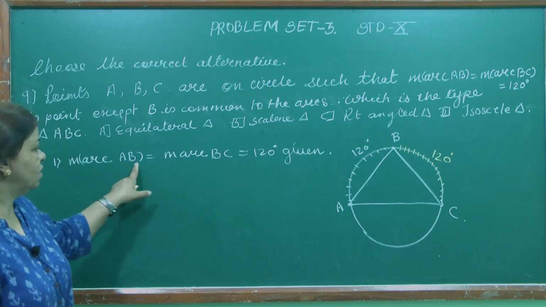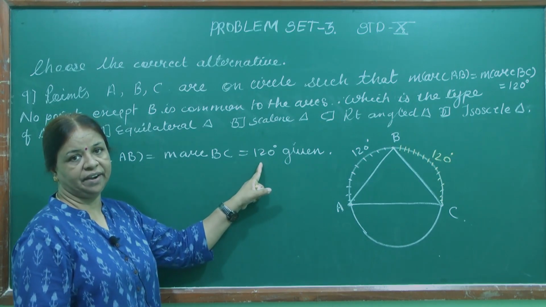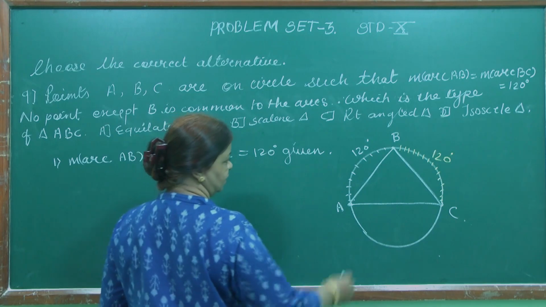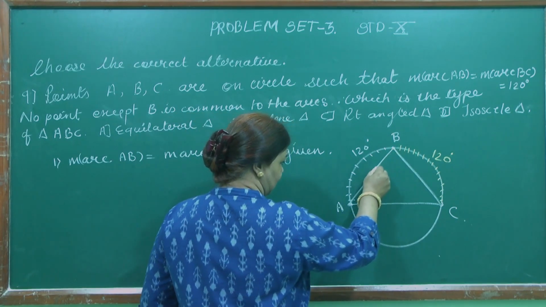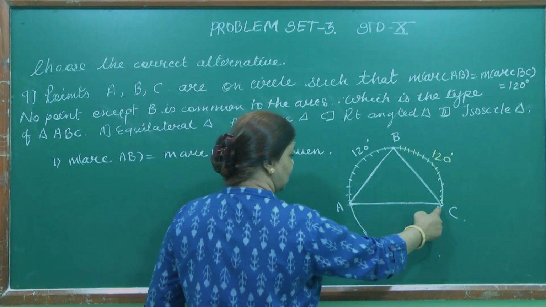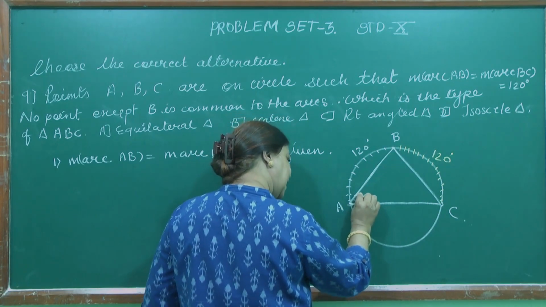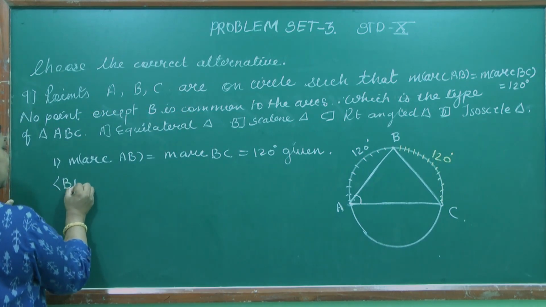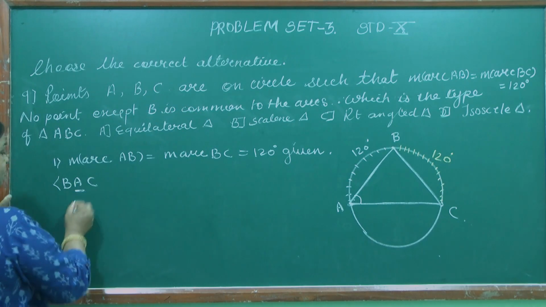Measure of arc AB is equal to measure of arc BC, 120 degrees given. Now, children, this angle BAC. Angle BAC means which angle I am referring to?